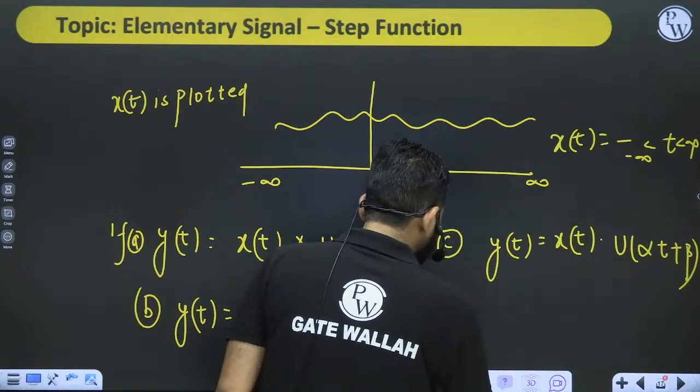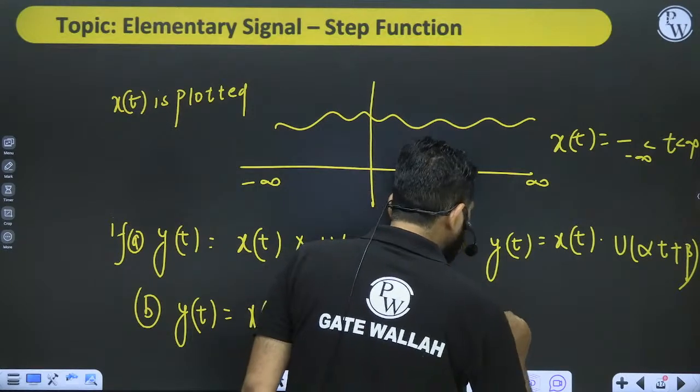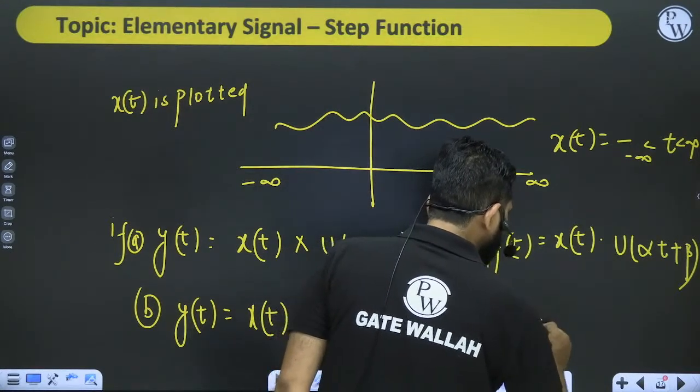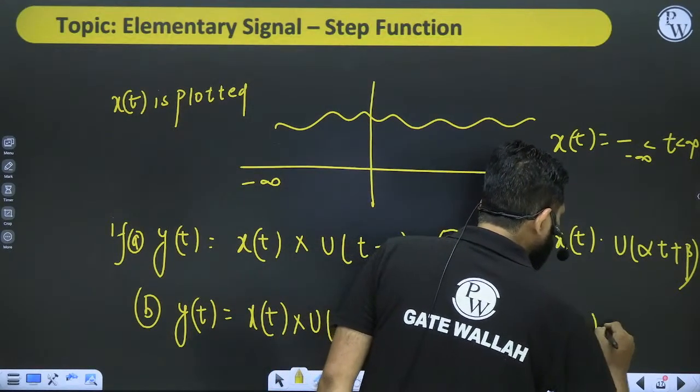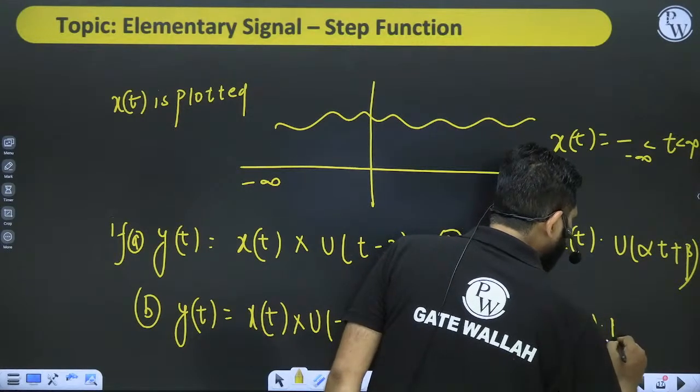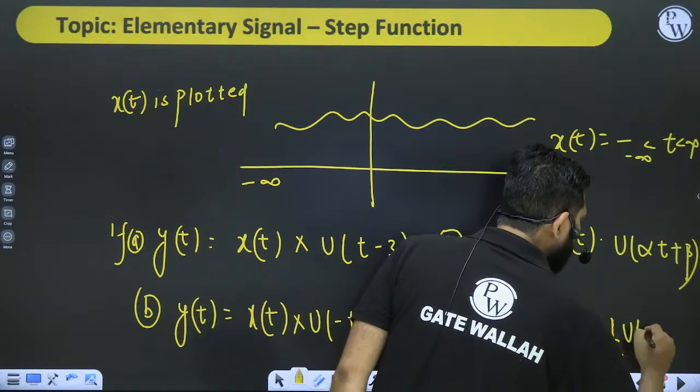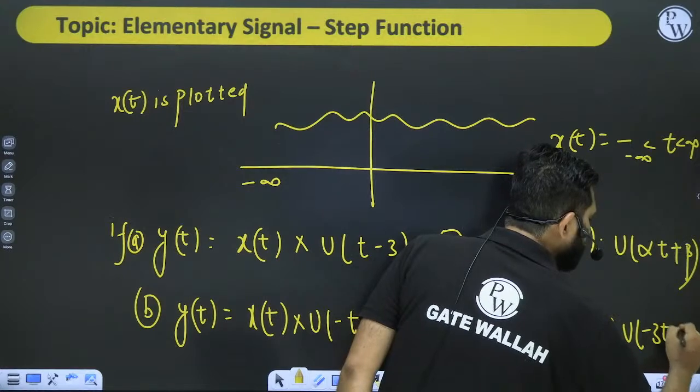And case d: y(t) is x(t) into u(half minus 3t plus 9).